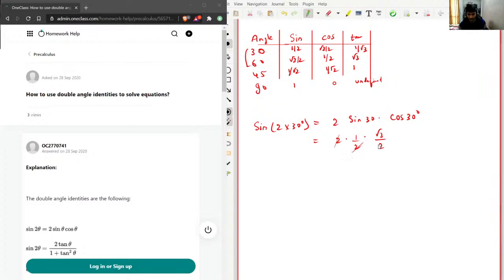The 2 and 2 get cancelled, and this becomes square root of 3 over 2, which is sine of 60. And yeah, sine of 60 is square root of 3 over 2.